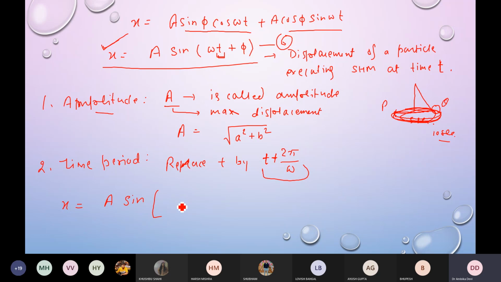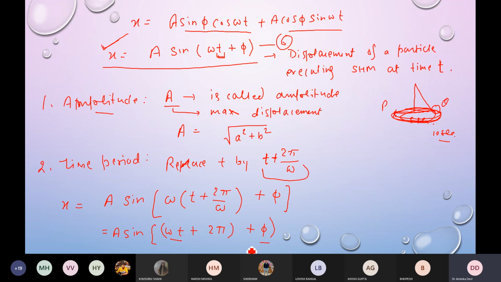x is equal to a sine of omega, and now instead of t we are going to write t plus 2 pi upon omega, plus phi is already there. So this is equal to a sine, and inside the bracket we have omega t plus 2 pi plus phi. So this is simply omega t plus phi taken as one part, plus 2 pi.